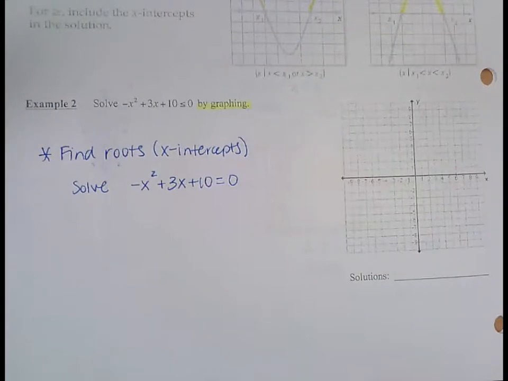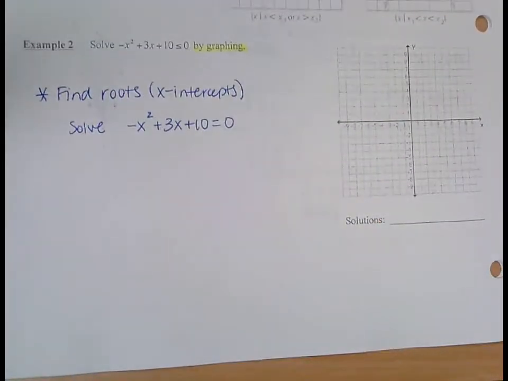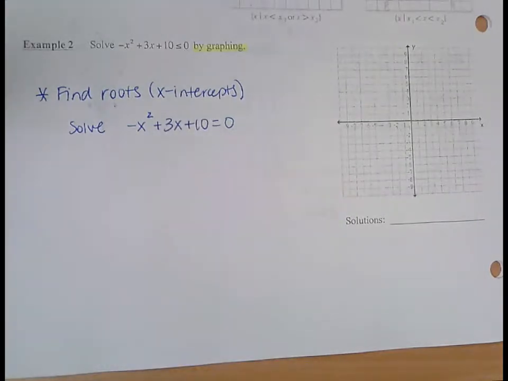So if I solve that equation, that'll give me the roots, which are the x-intercepts. So this is more review from this chapter on how to solve this. We've gone through a lot of different methods now on how to solve quadratic equations. So what's one method we could use to solve that? Just want to talk about the methods that we've used.